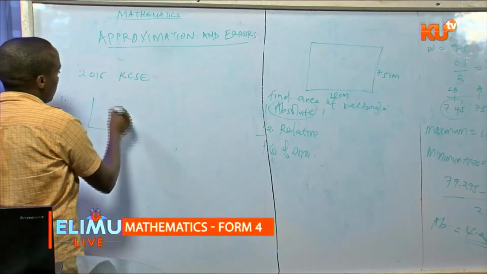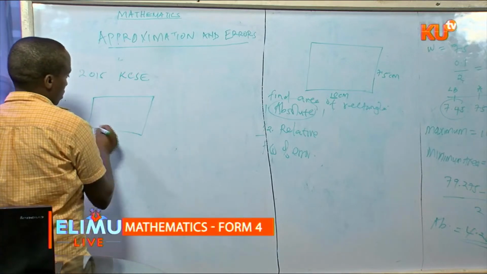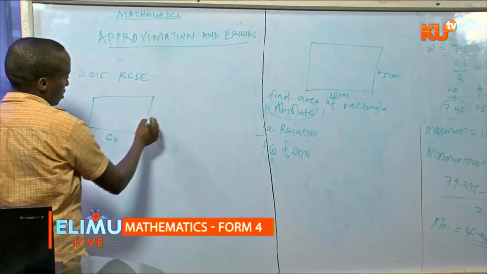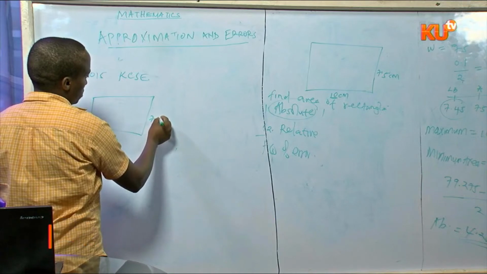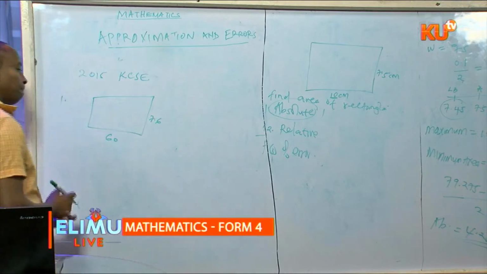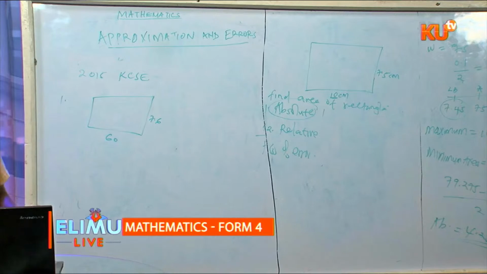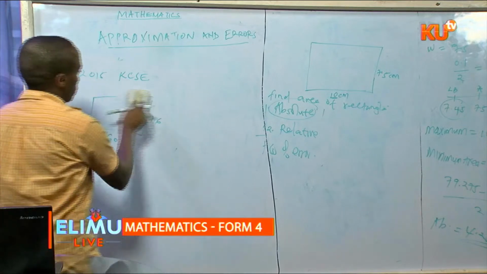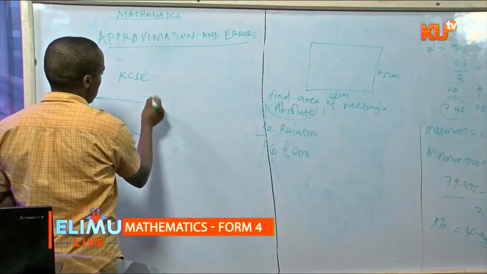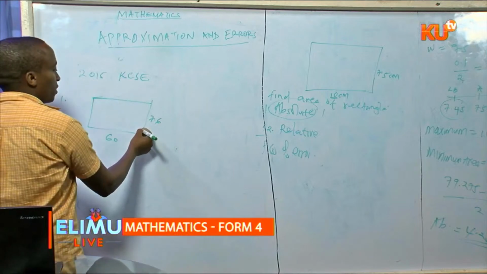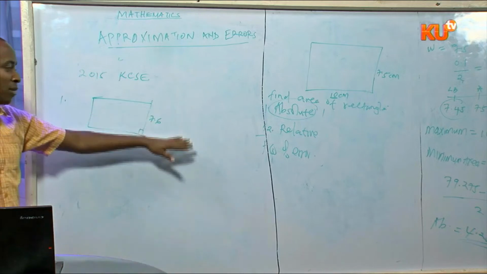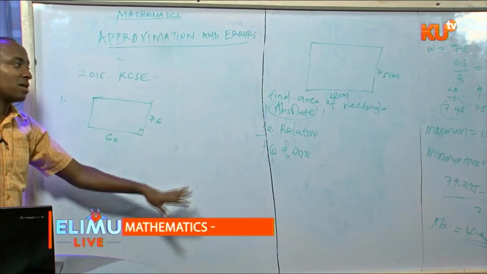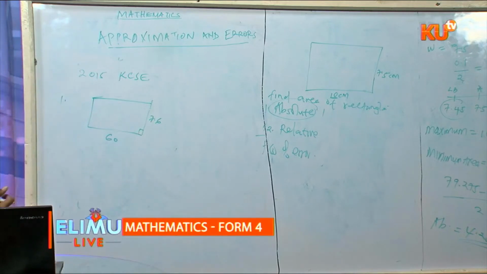Given the measurement of 60 centimeters and maybe 7.5, we are trying to find the relative error of that one. So you can open the mid familiar and get samples of the questions that have come in the last KCSE.